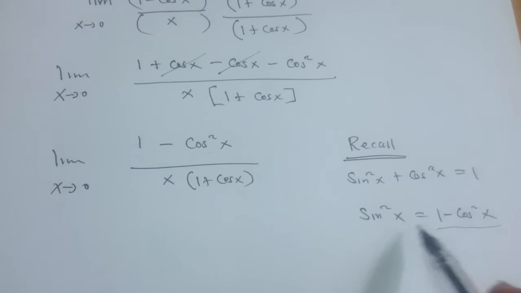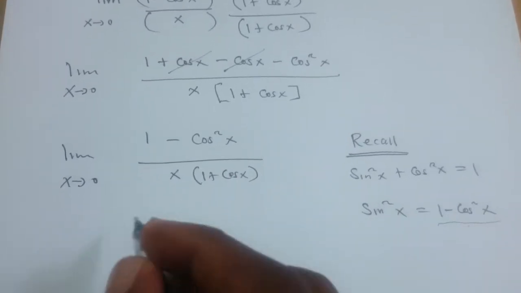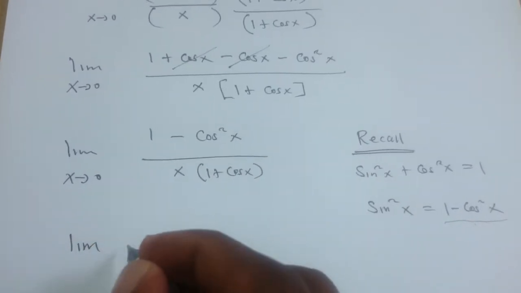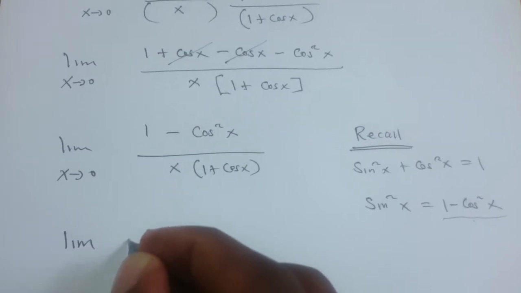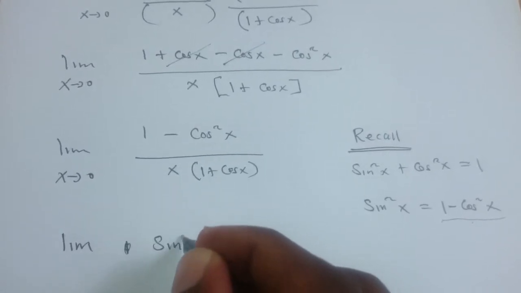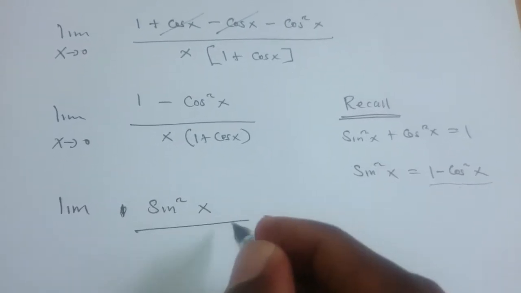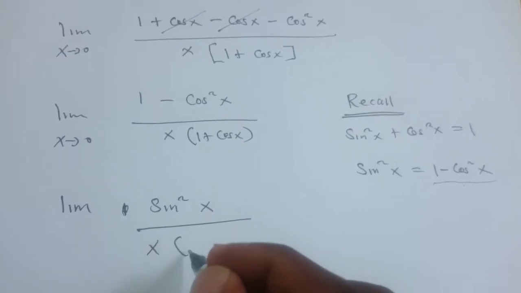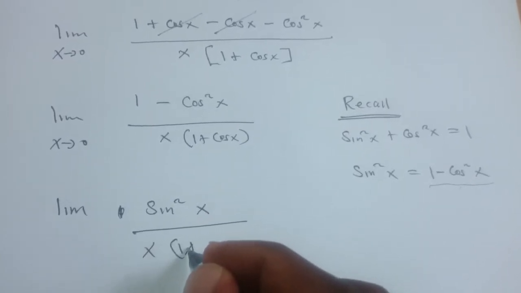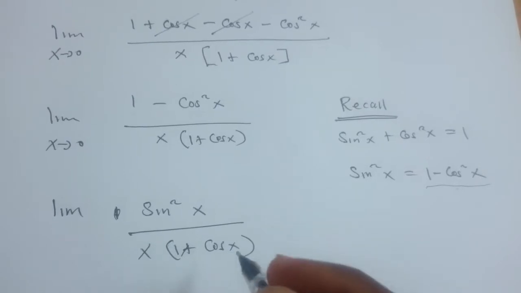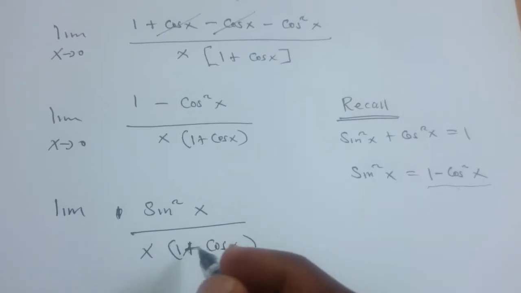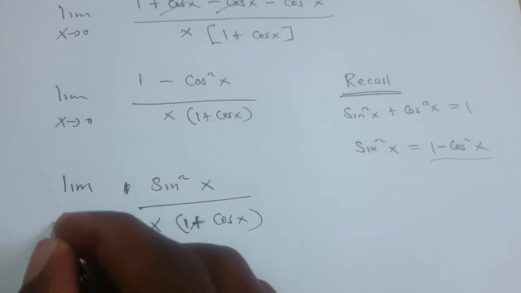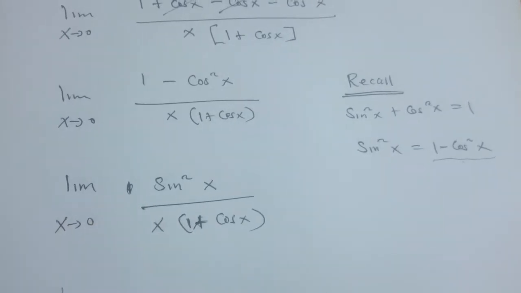We are going to substitute this part by that part. So we are going to have the limit of sine squared x over x times 1 plus cos x as x is approaching 0.